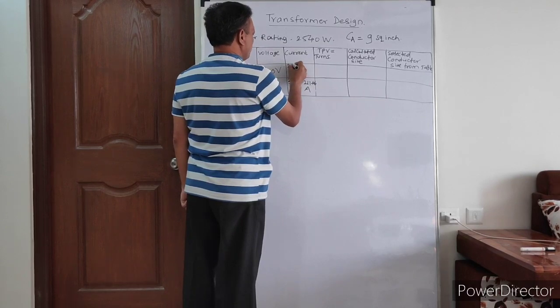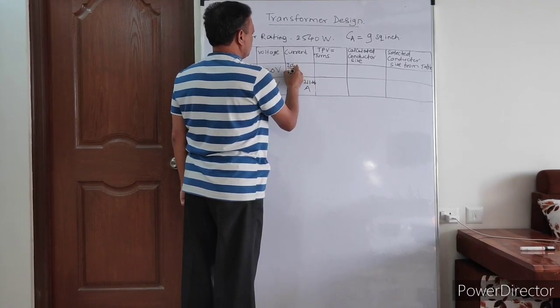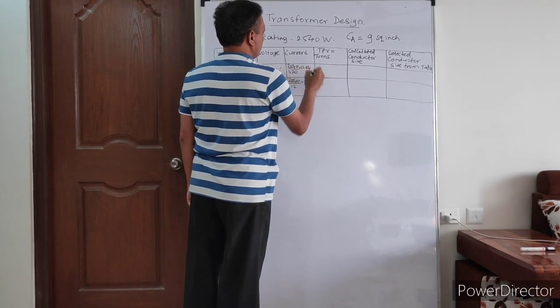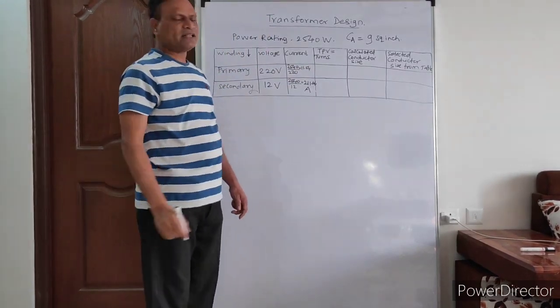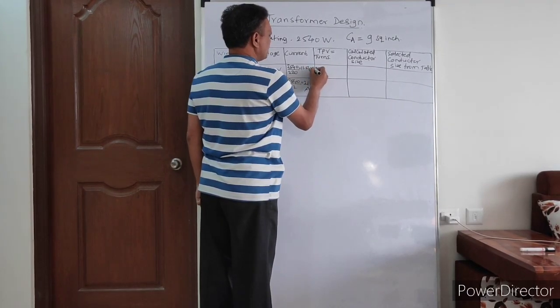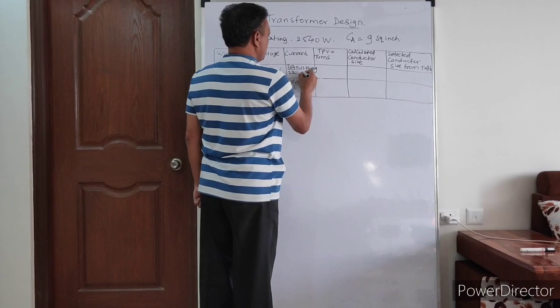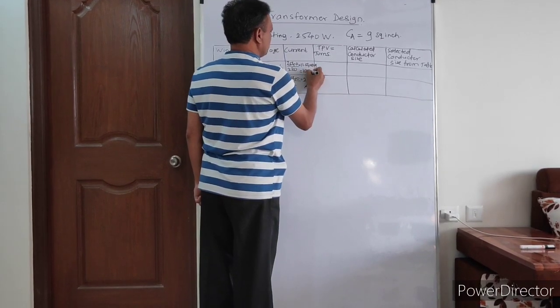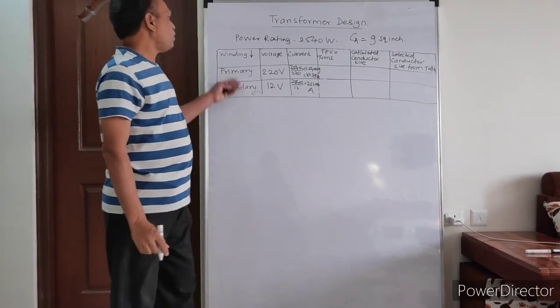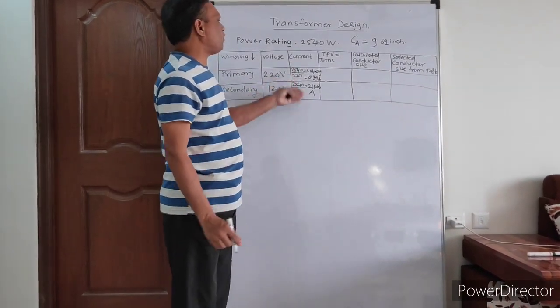Primary current will be 2540 upon 220, which comes to be 11.54. But for the primary side, we have to consider the efficiency of a transformer at 0.9. So by considering the efficiency 0.9, I get the value 10.39 ampere. So I have tabulated these two values.